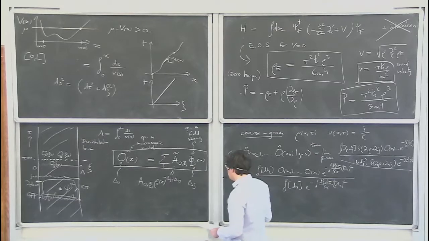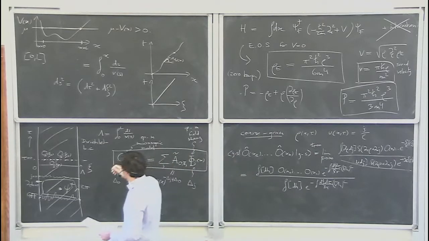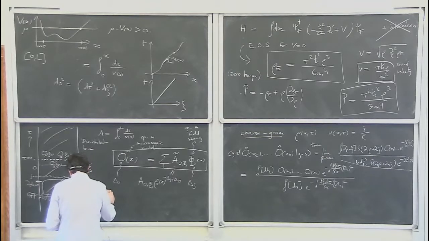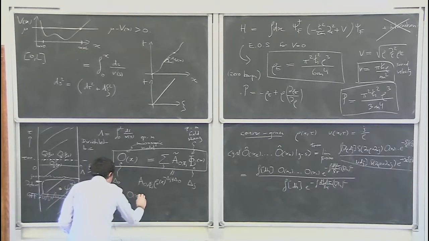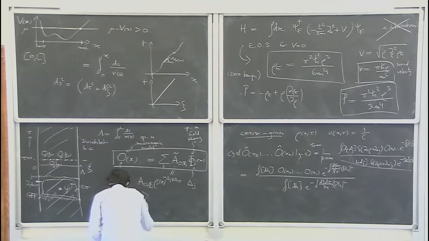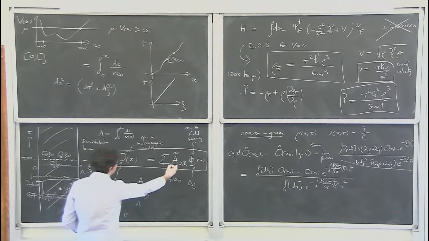And so in the end, whatever correlation functions you're interested in look like this in the ground state. So it becomes a sum of these coefficients, which you may view as a matrix.